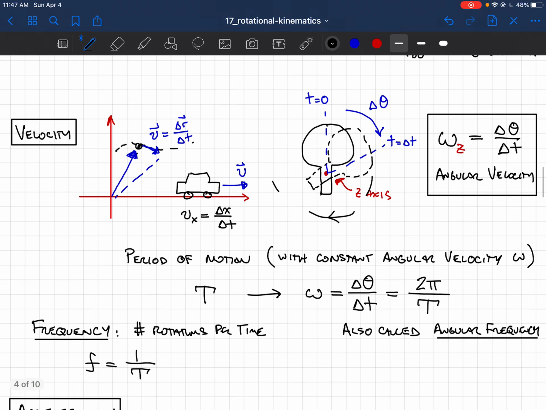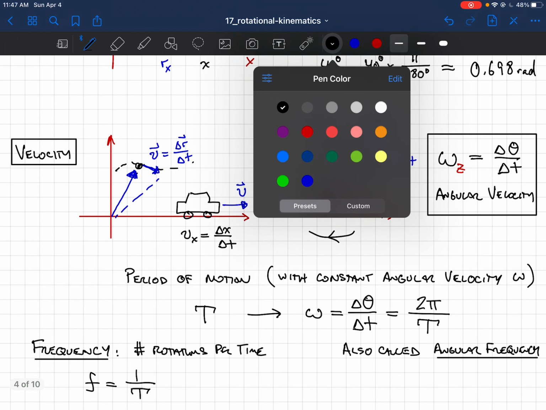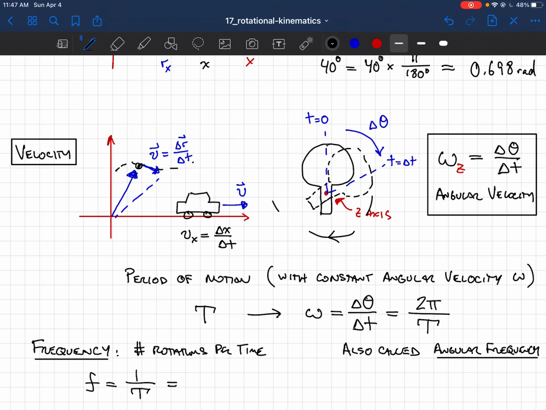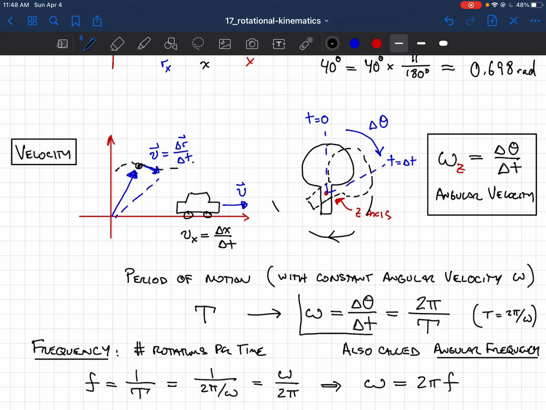So if frequency is equal to 1 over T, well then, because T is equal to 2 pi over omega, if I just do algebra on that equation, then I can write this as 1 over 2 pi over omega, and I get omega over 2 pi for this equation, or I can write that as omega is equal to 2 pi times f.